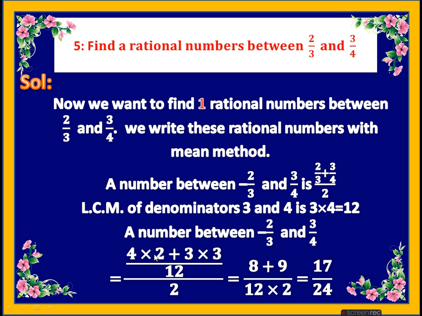The denominators are multiplied, 12 into 2. So that is 17 by 24. The rational number between 2 by 3 and 3 by 4 is 17 by 24.